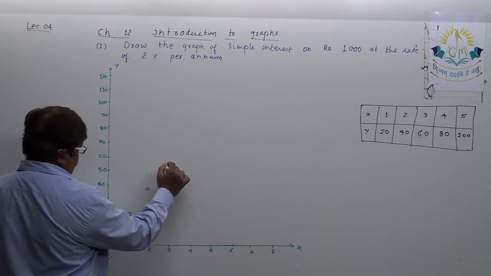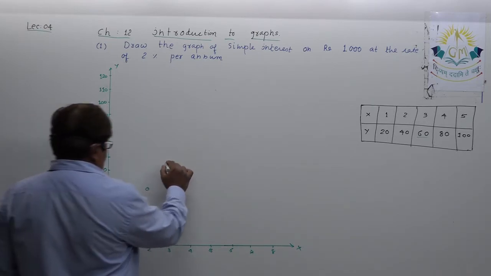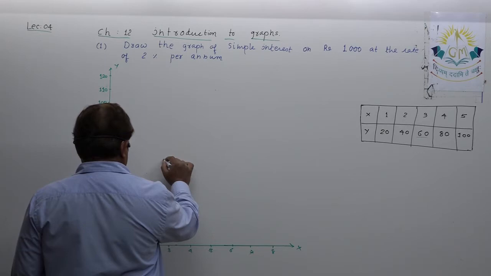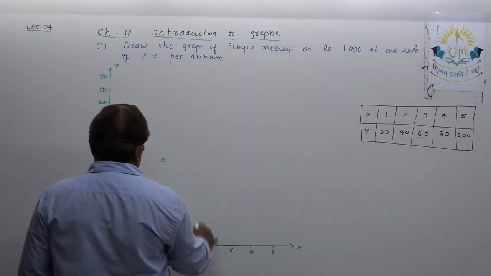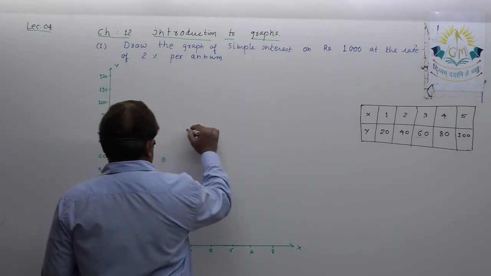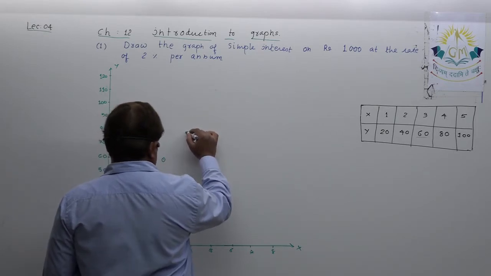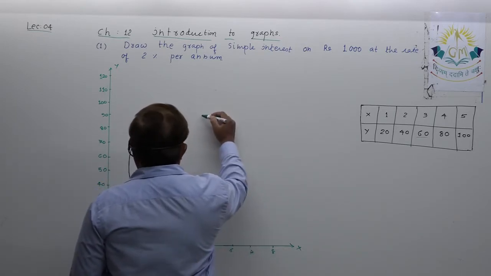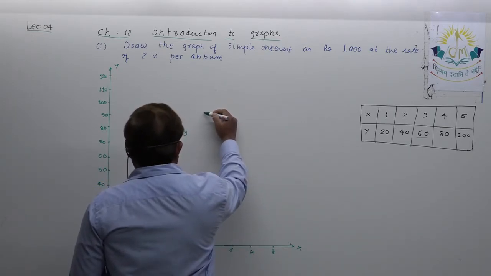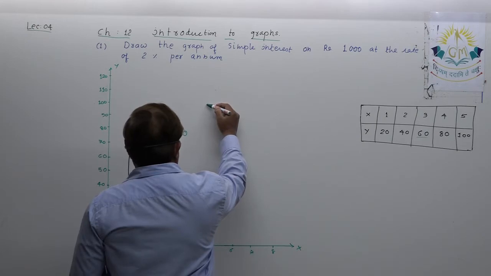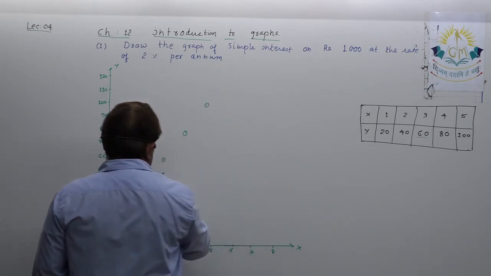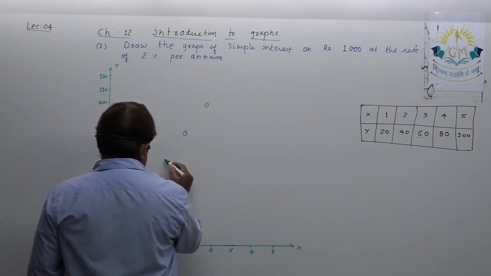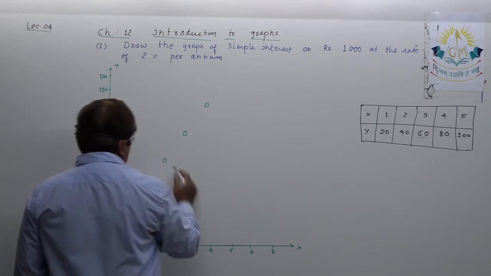X 3, Y 60. One dotted line. X 4, Y 80. And X 5, Y 100. You got the 5 points already, right? 5 points you got.